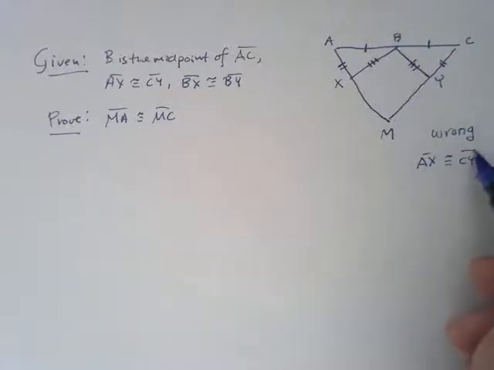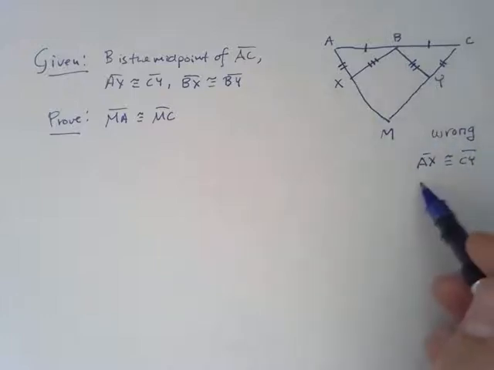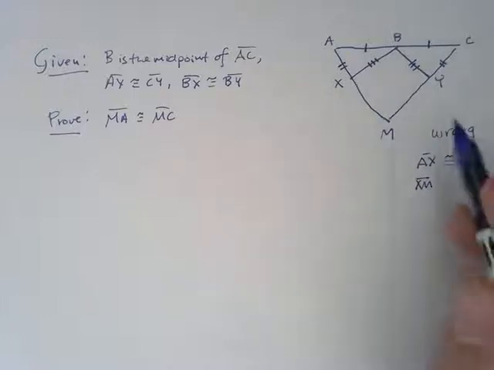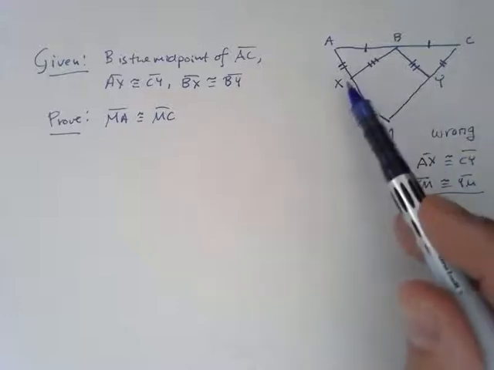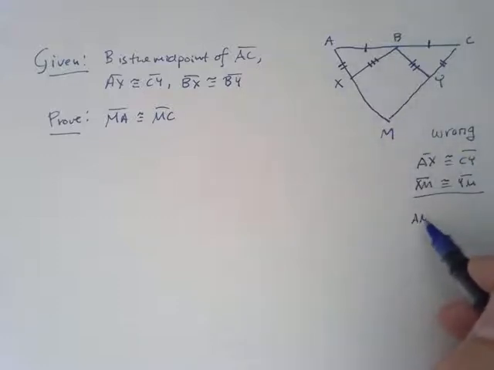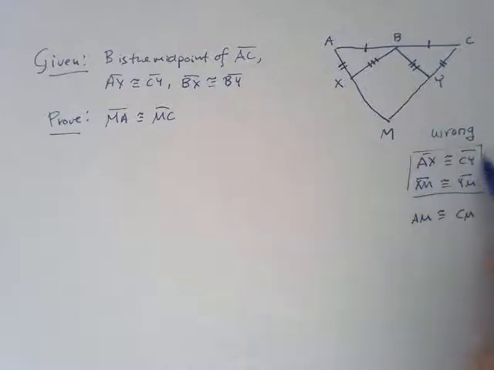We know AX is congruent to CY, and then if we just add XM and YM, like we've done before, AX plus XM gives me AM, and CY plus YM over here gives me CM, and we've got it. I've added XM to AX to get AM, and I've added YM to CY to get CM.